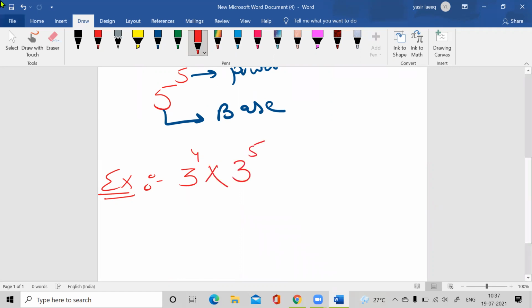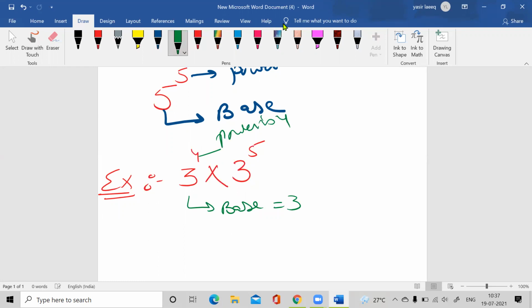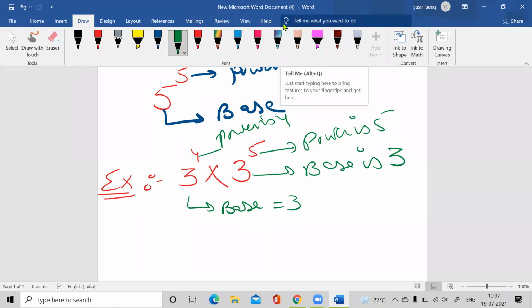Okay, so you can see here that in first case base is 3 and power is 4. Here power is 5 and base is 3. Okay, so here we are seeing that base is same in both the numbers.